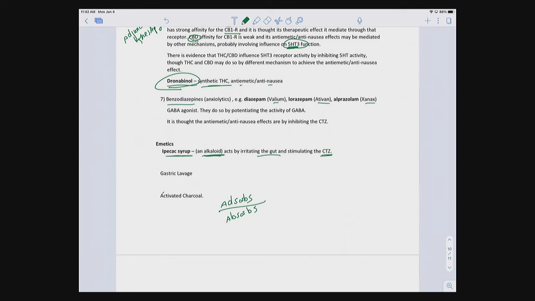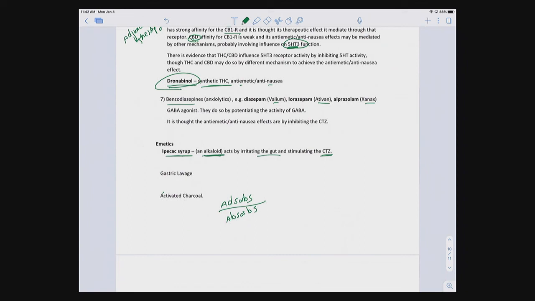Activated charcoal can irritate the gut. So if you give somebody activated charcoal thinking you're going to adsorb toxins, and they irritate the GI tract and end up vomiting the activated charcoal, the last thing you want is for them to aspirate activated charcoal into their lungs. That's a very bad outcome, so you just would never do it.